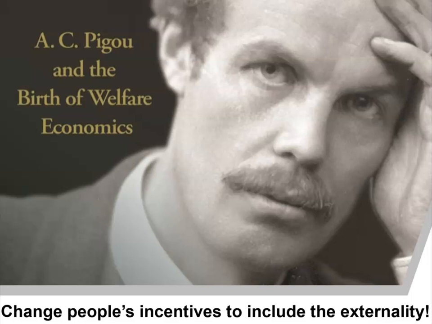And basically his idea was, look, we have to get people to take these external costs into account. We need to change people's incentives. So instead of having the producers just thinking about the costs to themselves, we also need to figure out how we can get them to think about the external costs that they're imposing on other people.